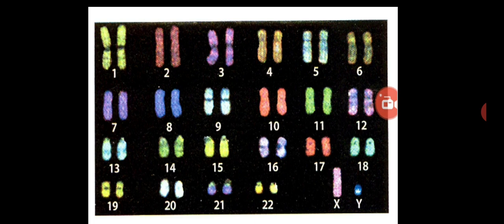All the chromosomes in a diploid cell can be arranged in a descending manner. Remember, descending manner means the larger chromosomes come first and the shorter chromosomes are in the last position.